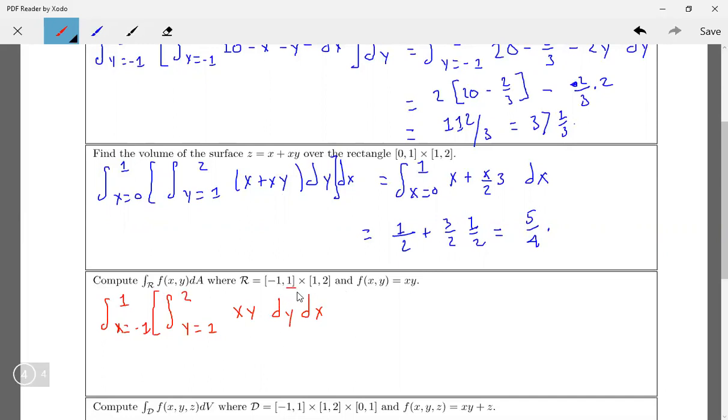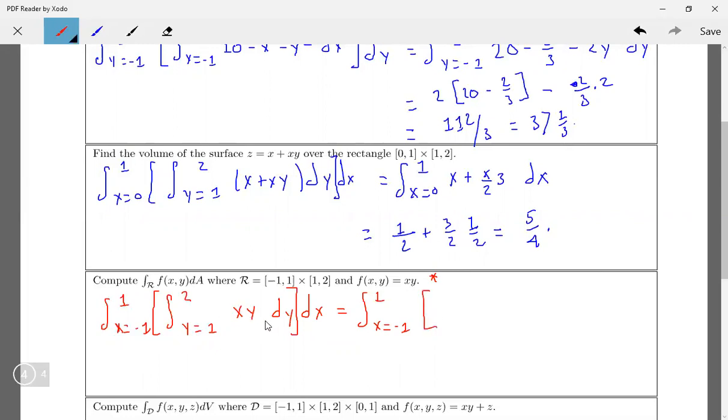The Calc 3 part of this problem is figuring out what the iterated integral is, going from the problem statement, in other words, this, to the iterated integral. At that point, it's just 2 or 3 Calc 1 problems, depending on whether we have 2 or 3 integrals. Okay, so this is an integral from x equals -1 to 1.